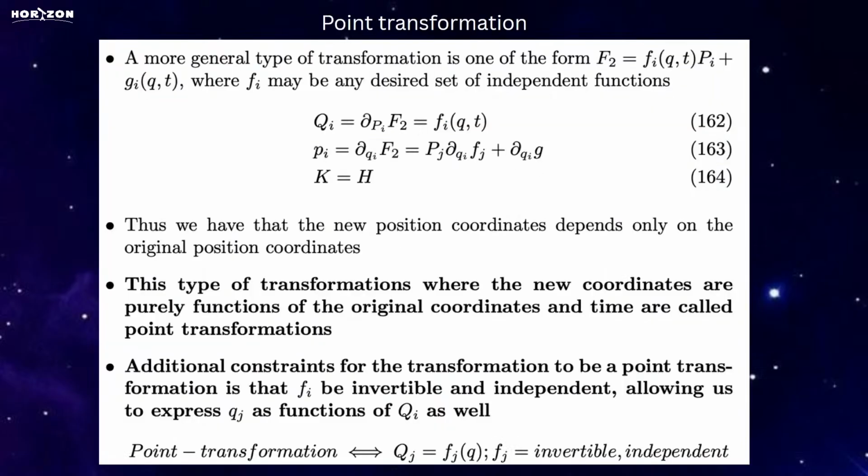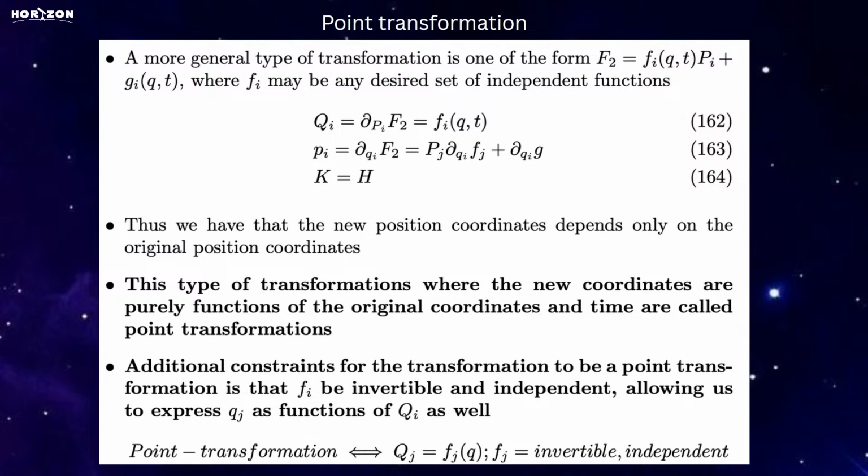We'll be moving on to another type of transformation called the point transformation. This is a broader subset of the transformations, so let's see how it is defined. The point transformation is defined such that the new position coordinates depend only on the original position coordinates, with no dependency on the original momenta.